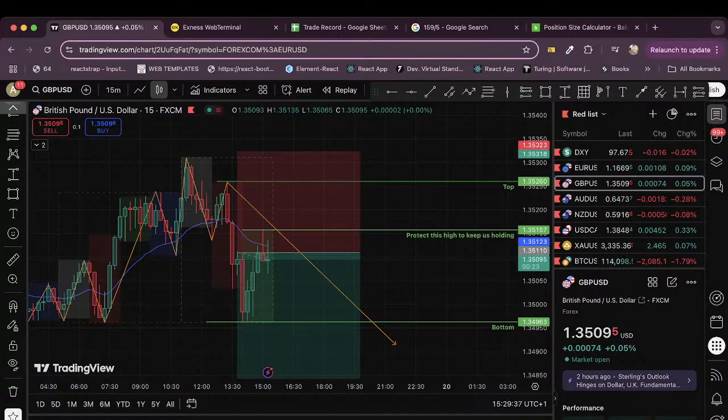I'll tell price, watch, I have the power to close my order, and I'll close it. Although I'll close it with some losses anyway. But the point I just want to make is that I still have the power to close my order.